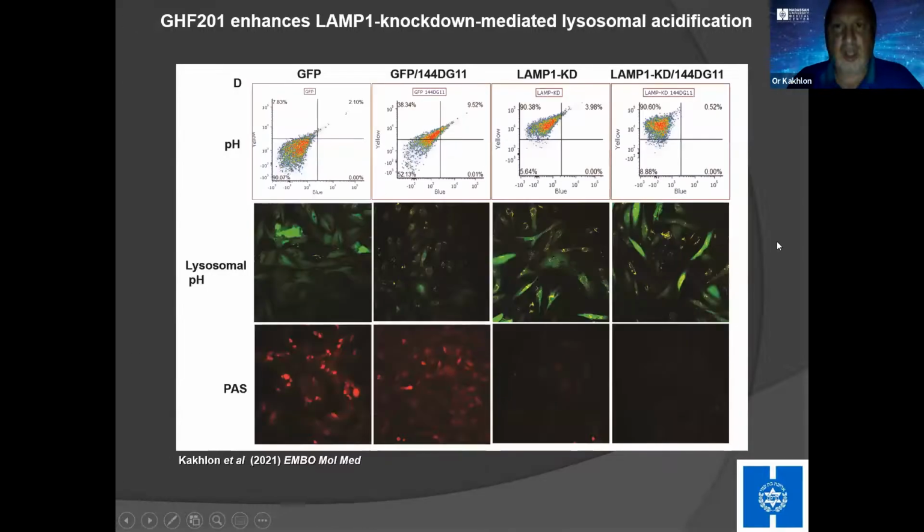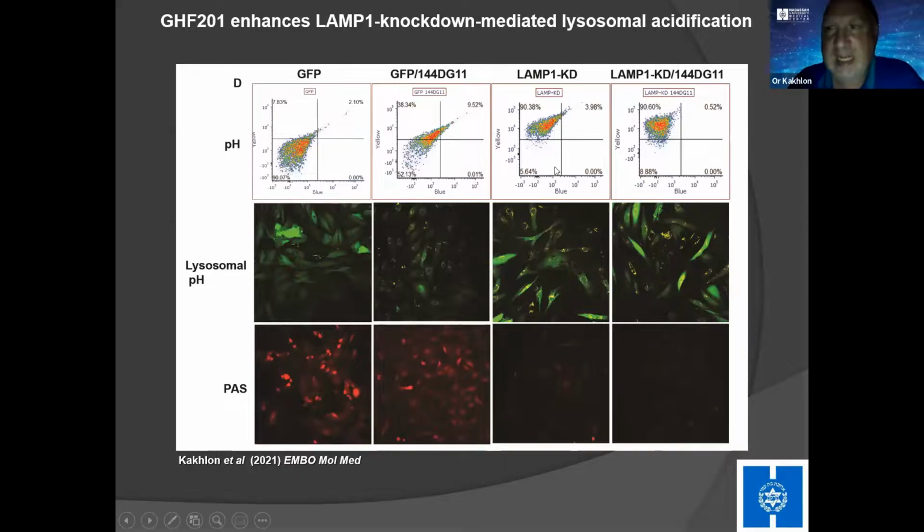Okay. So we show this nice effect on LAMP1 and on autophagy. And we hypothesize that this is related to the lysosomal function. So if it increases lysosomal function, this should mean that the lysosomes should be more acidic, because in general, lysosomes are more functional when they're more acidic.